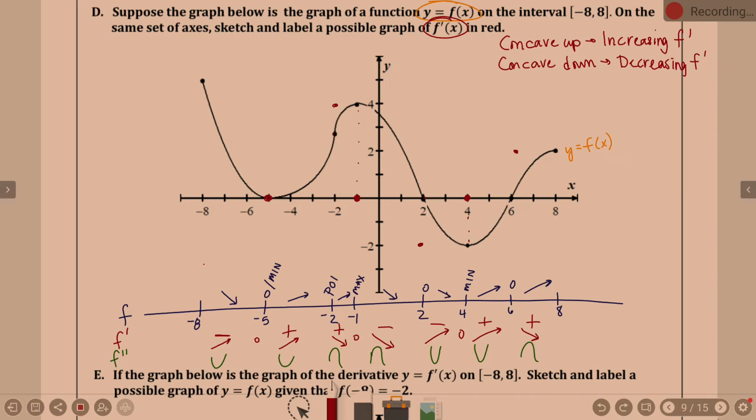So the idea here, from first point to second point, my graph is decreasing, yes? Decreasing here means my derivative is going to be concave down. So as I start from here, and I'm hitting this point right here, it's going to be concave down.